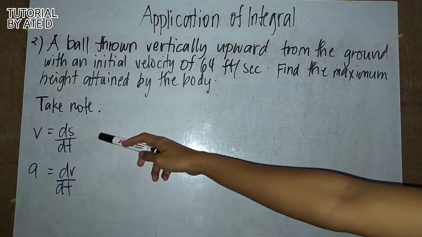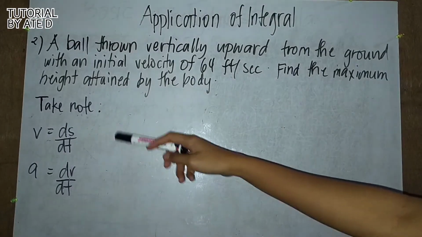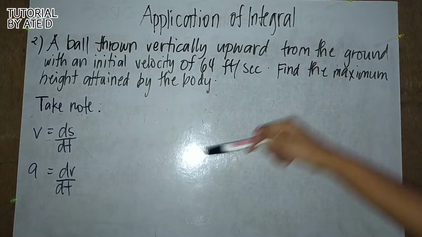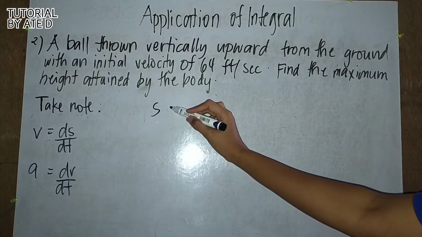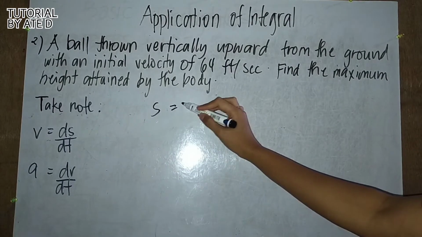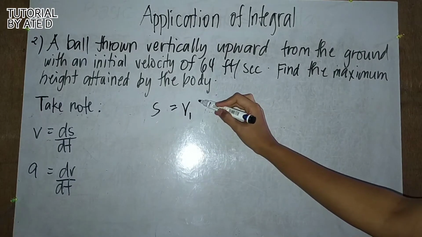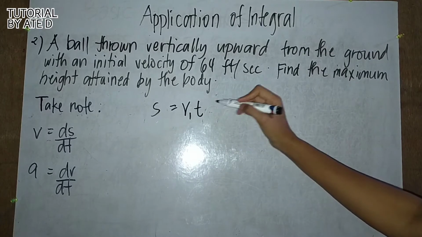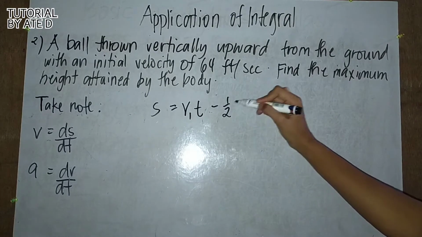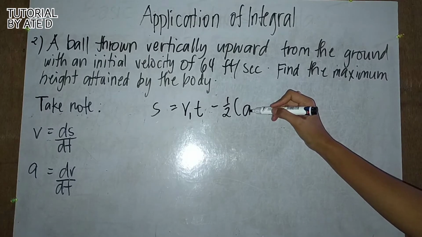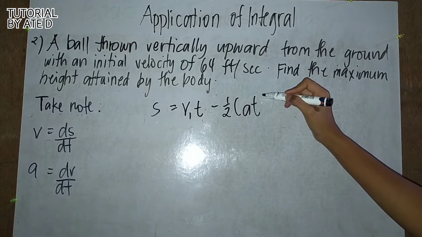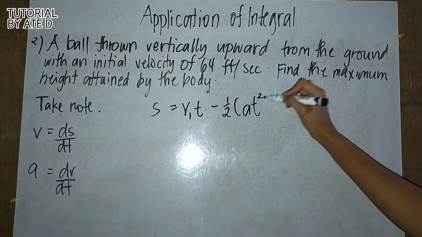So, etong dalawang ito magagamit natin dito sa problem para masagutan natin. So, ang equation na gagamitin natin is s, or the position, is equal to initial velocity multiplied by time minus 1/2 multiplied by the acceleration due to gravity times t squared.